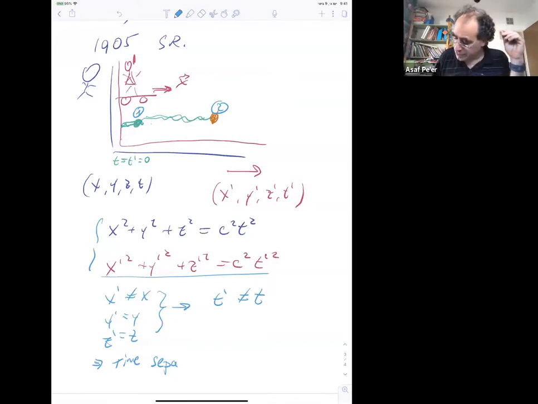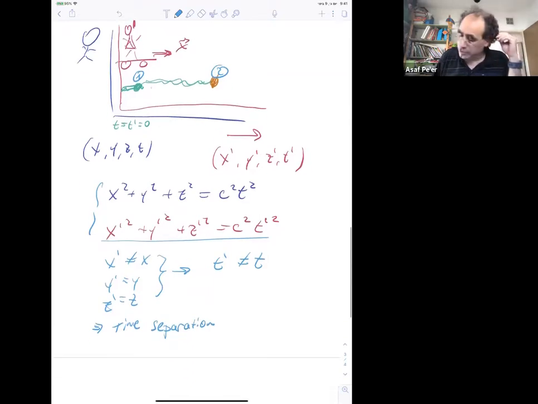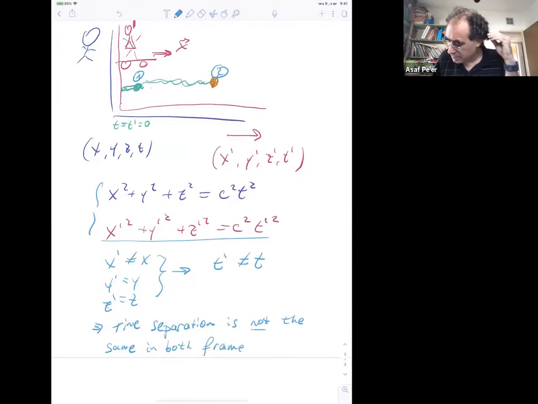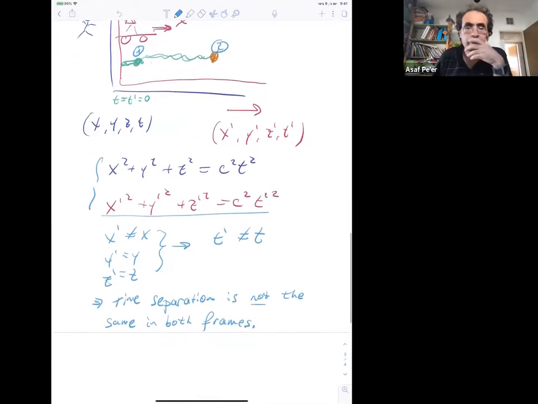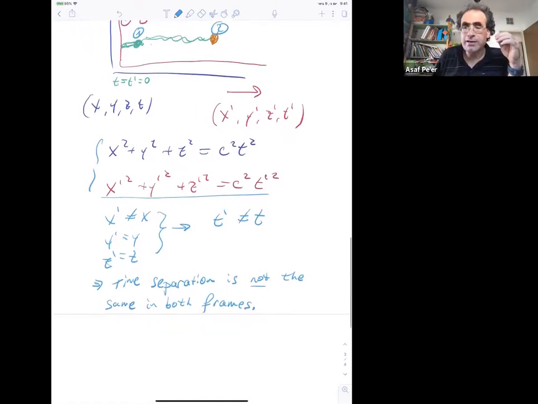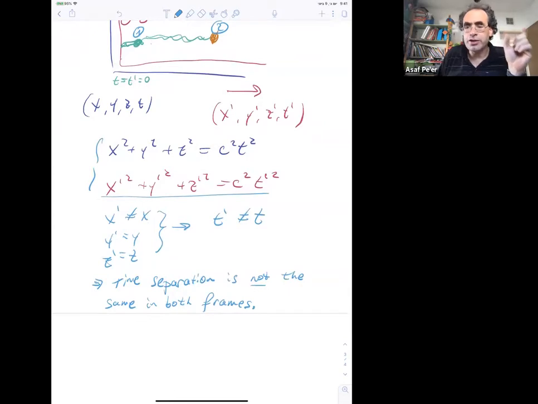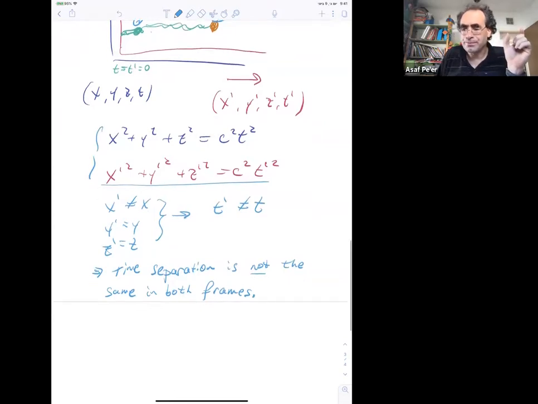So the time separation is not the same in both frames. Now we said in physical language that the time separation is not an invariant quantity.